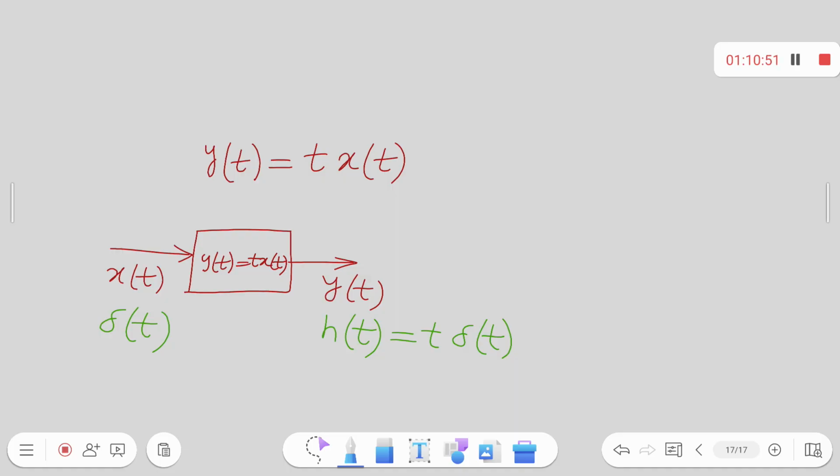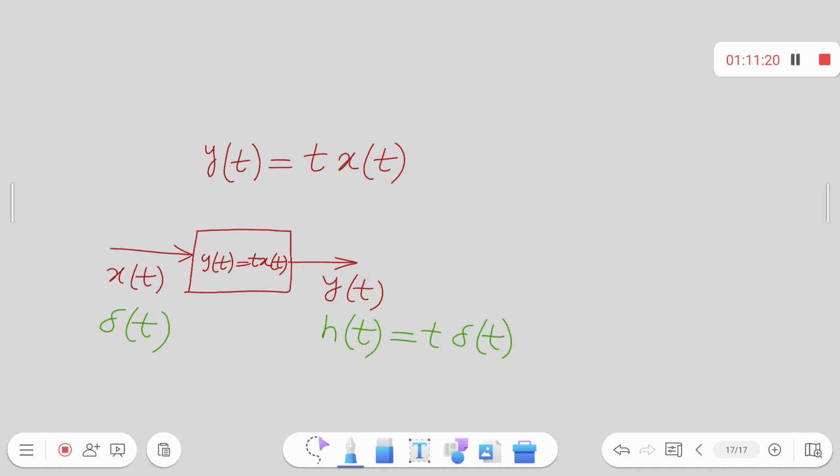Okay. Now you tell me, is this system memoryless? Yes. Okay. How to check it's memoryless? It is depending on your measurement. From which expression?